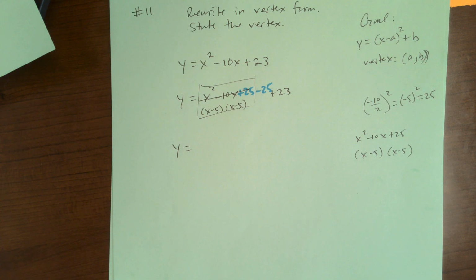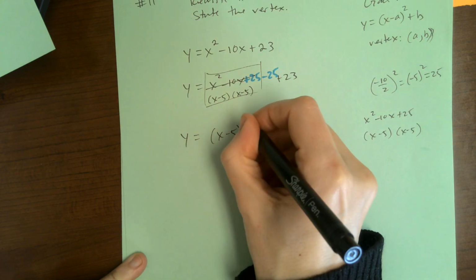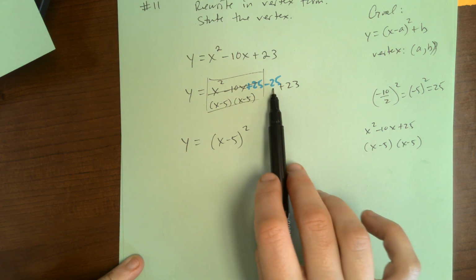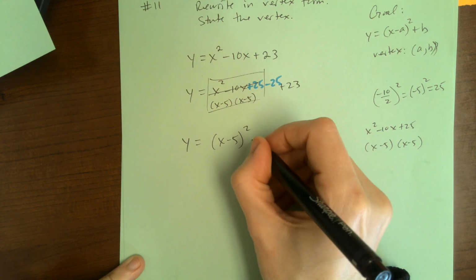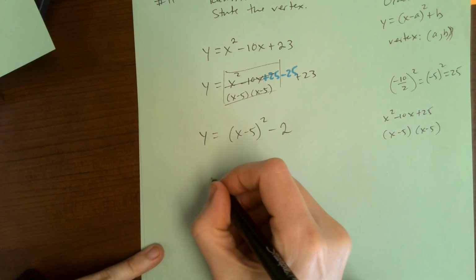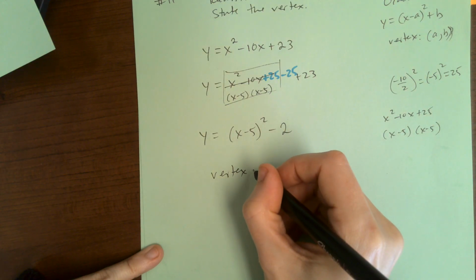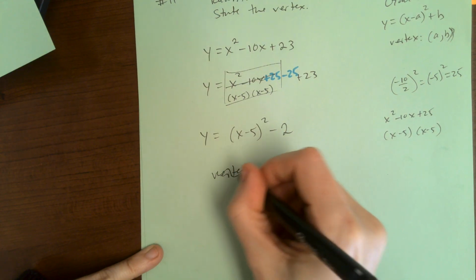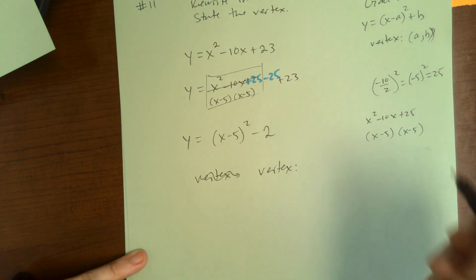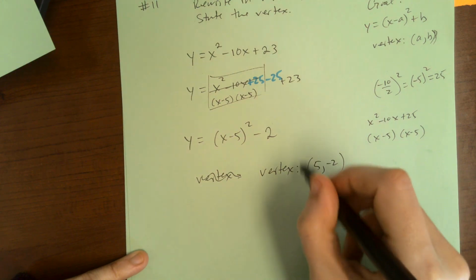And then out here, negative 25 plus 23 is minus 2. And so the vertex is 5, negative 2.